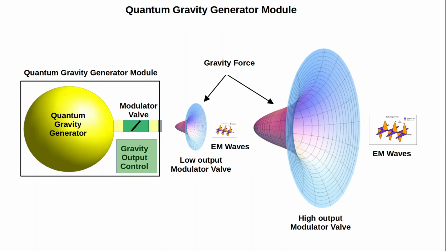It is proposed that the quantum gravity generator could use electrons or muons to create electromagnetic waves and gravity. Even though a muon is about 207 times heavier than an electron, it would create more gravity. The muon is unstable with a lifetime of about 2.2 microseconds, while an electron has a lifetime of about 26,000 yotta years, which is at least 5 quintillion times the age of the universe.